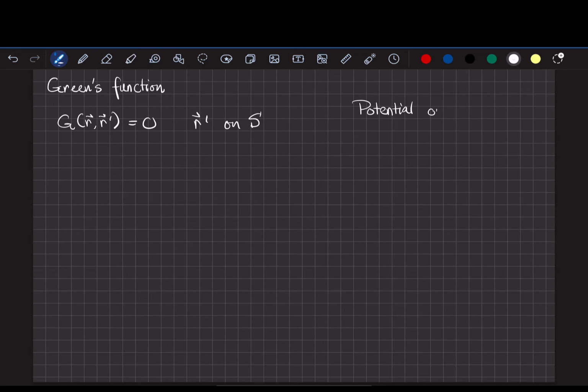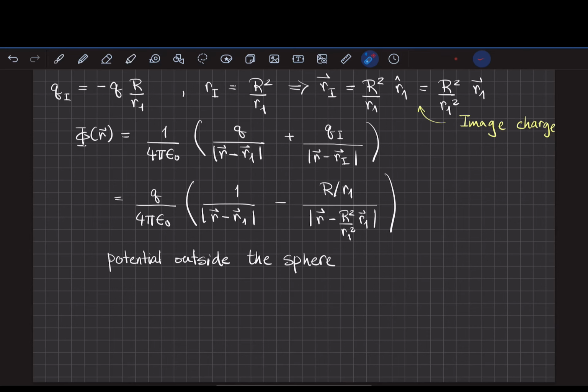So first let us find our Green's function. Here we know the potential outside the sphere, and this function has to vanish on the surface because the potential on the surface is 0.